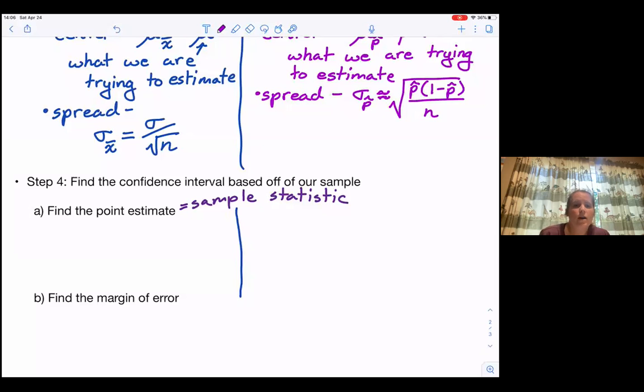Okay, so for the point estimate, our sample statistic, for proportion, our sample statistic was our sample proportion, or p hat.